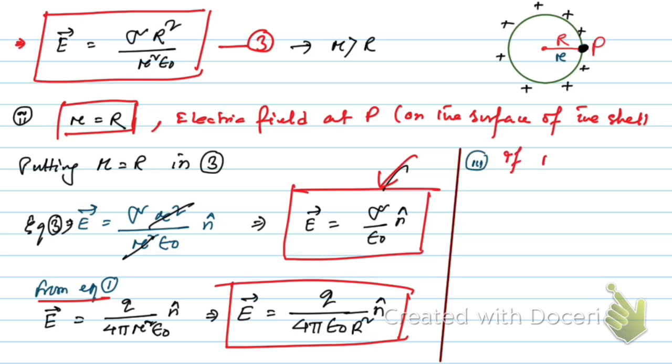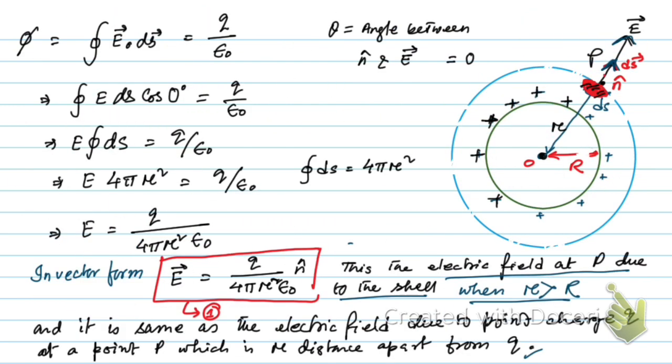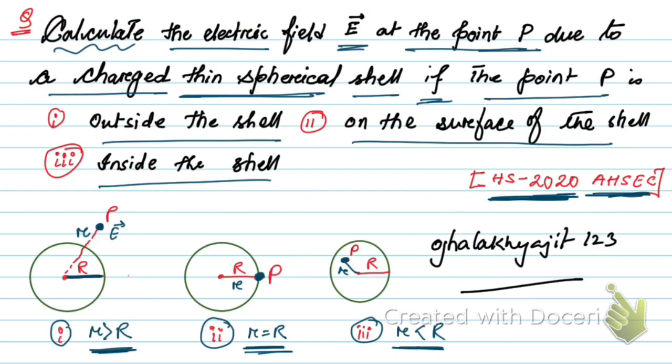If P is inside the shell, that is small r is less than capital R. Let me redraw the diagram. Just wait. This is the third figure.